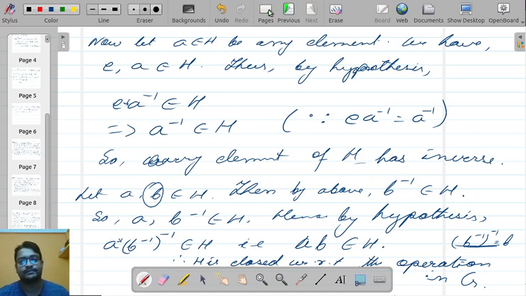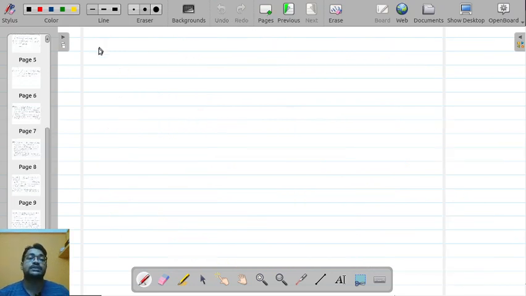So we have proved three properties: existence of identity, existence of inverse, and the closure property. Next we have to write something about associativity.